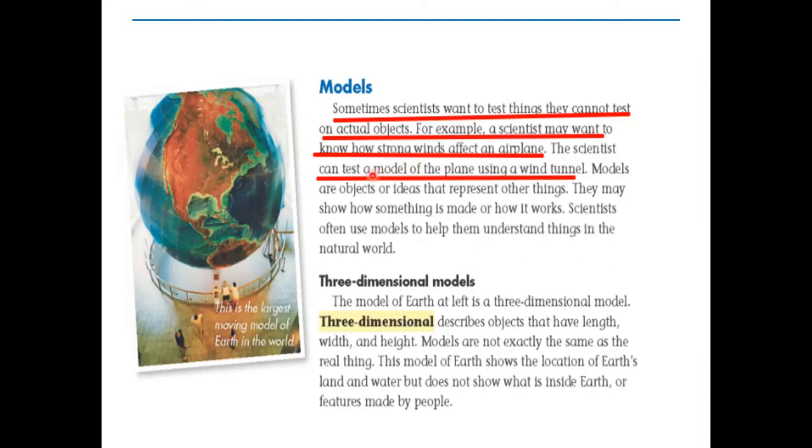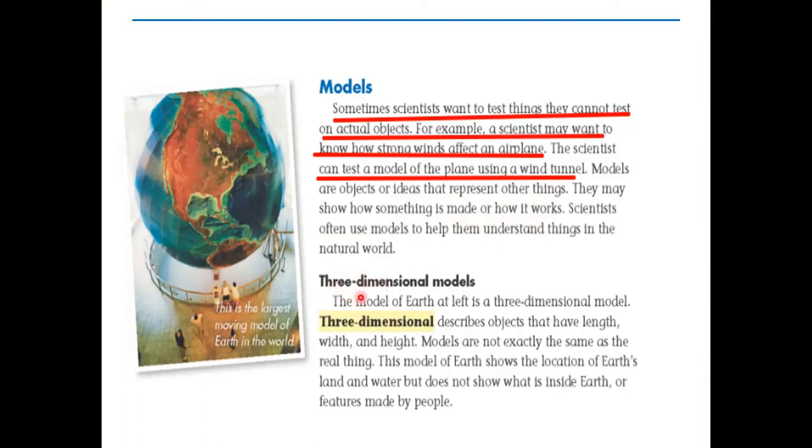So, the scientist can test a model of a plane using a wind tunnel. Now, models are objects or ideas that represent other things. They may show how something is made or how it works.